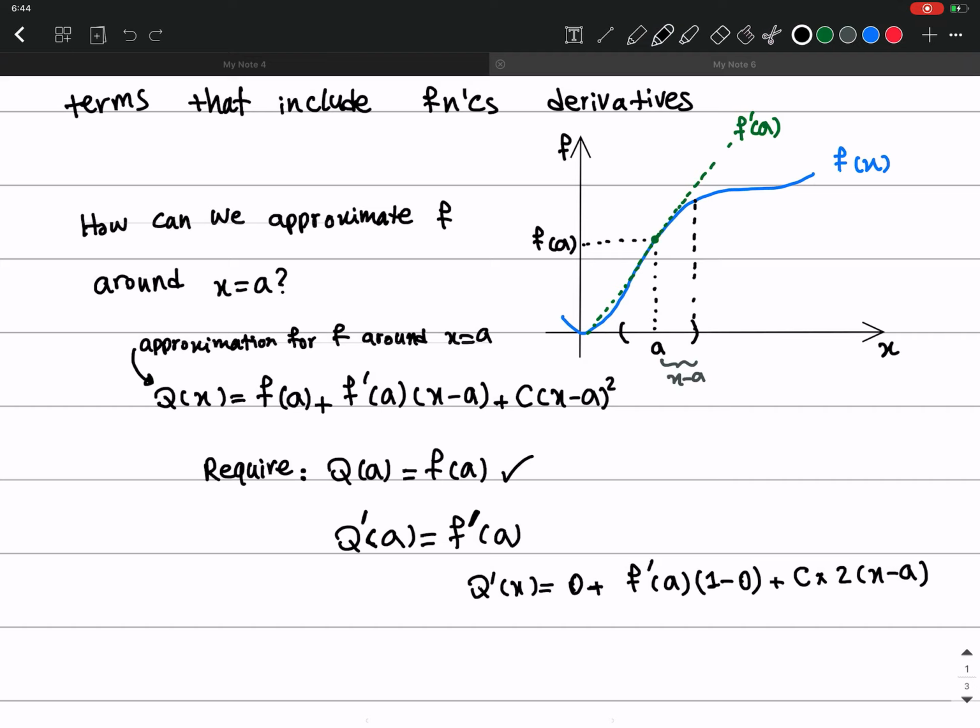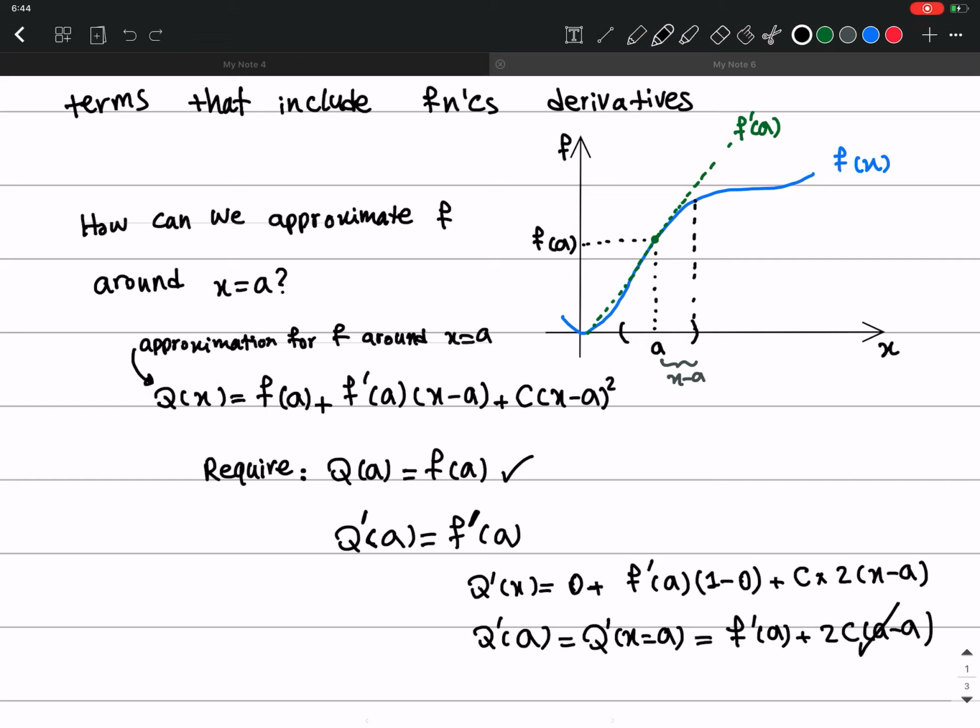So let's see what we are going to get. We are going to get Q prime at x equals a, which is what we have here, and I want it to equal f prime at a. And Q prime, I have it here, Q prime(x). So I'm going to have f prime(a) plus 2c times (a minus a). Instead of x, I just put a.